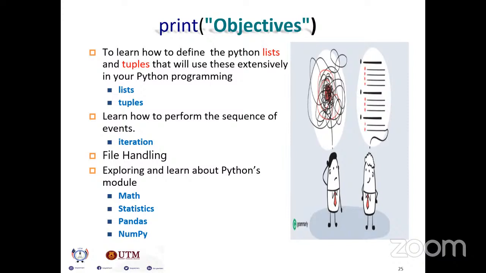We will also explore different libraries in Python, like math, statistics, Pandas and NumPy. In the second part, we will talk about how to plot, how to use Matplotlib to show your results and different figures. Let's start.